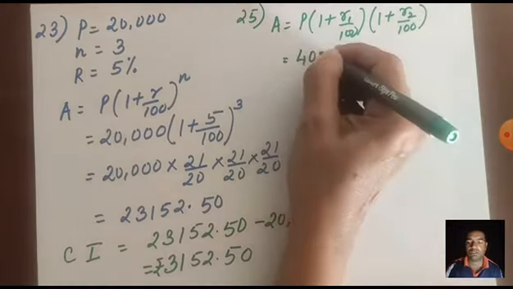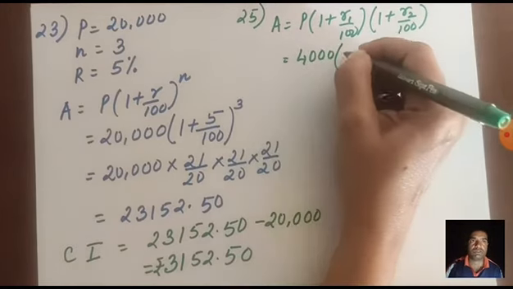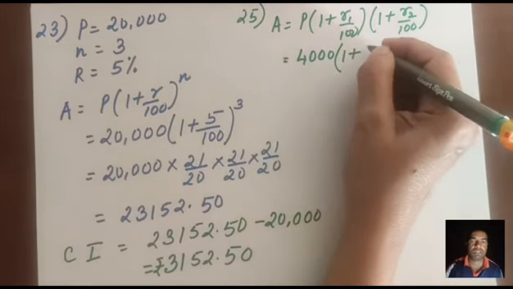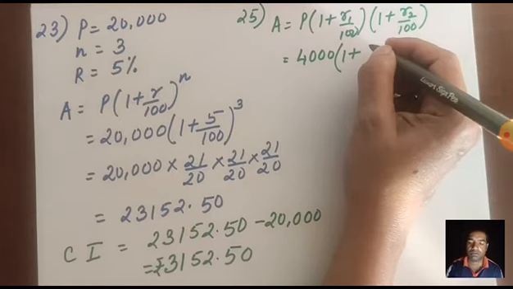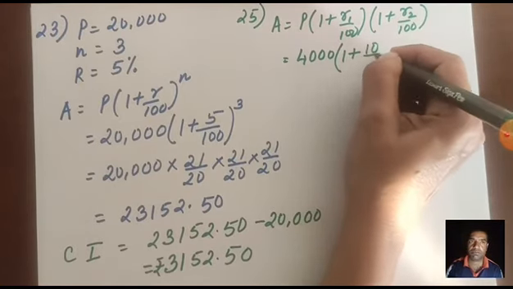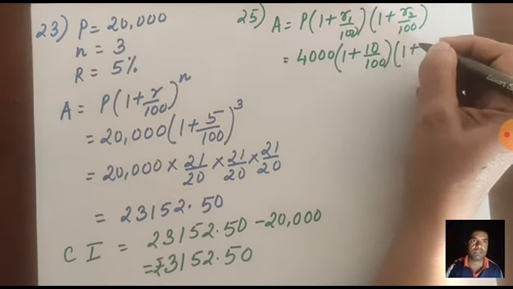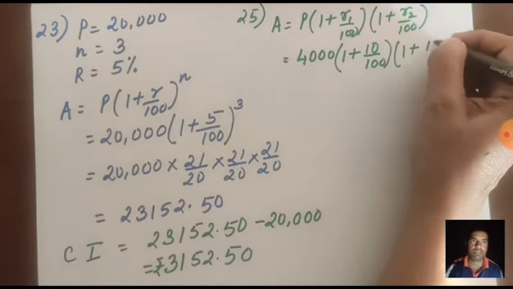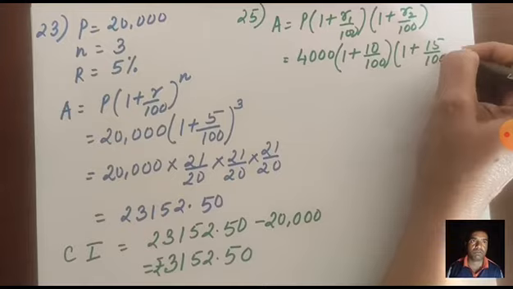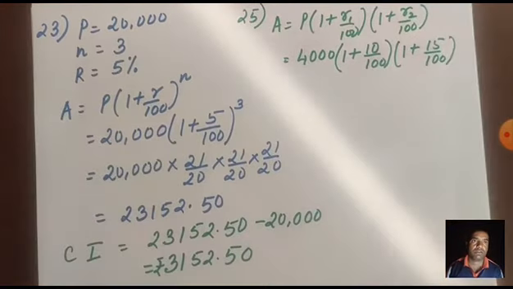Principal will be 40,000. 1 plus r1, how much is given in the question? 10% upon 100. In the second bracket, 1 plus r2 is given 15%, 15 upon 100. Now we will calculate this.